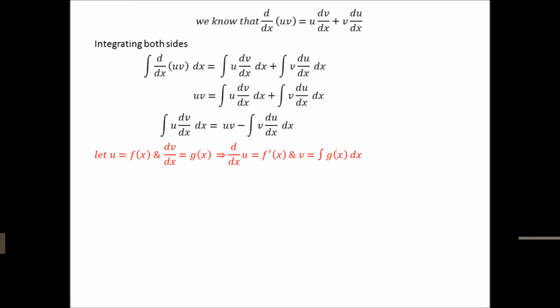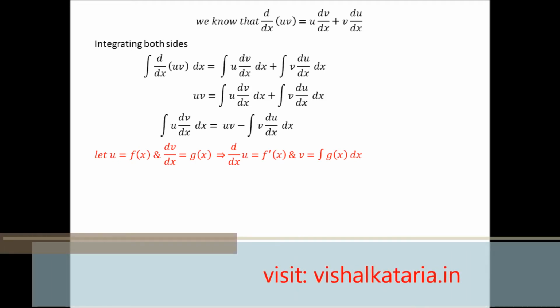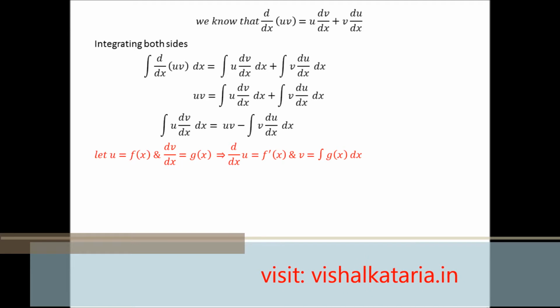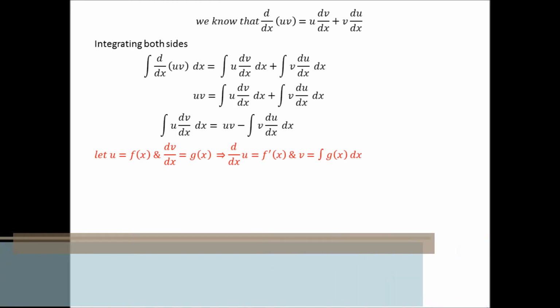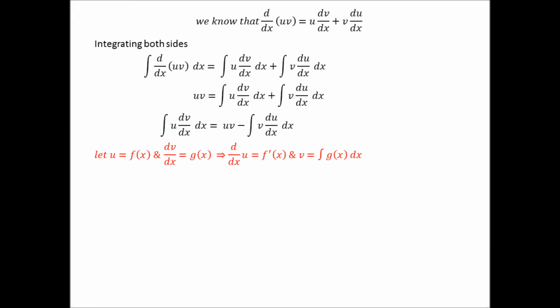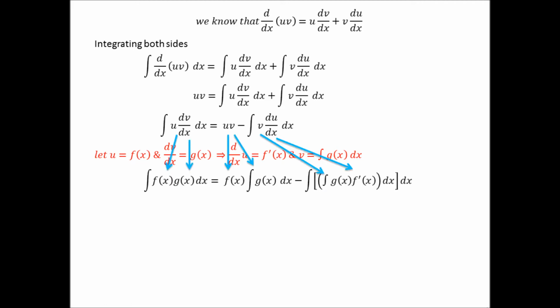Now let's consider that u is equal to f(x), dv upon dx is equal to g(x), which implies if u is equal to f(x), then derivative of u will be f dash x, and if dv upon dx is g(x), then v will be integral of g(x), because again integration and differentiation are reverse processes of each other. Substituting all these values, now let us convert u and v in terms of f and g on both the sides of the last step. This is what we'll obtain.